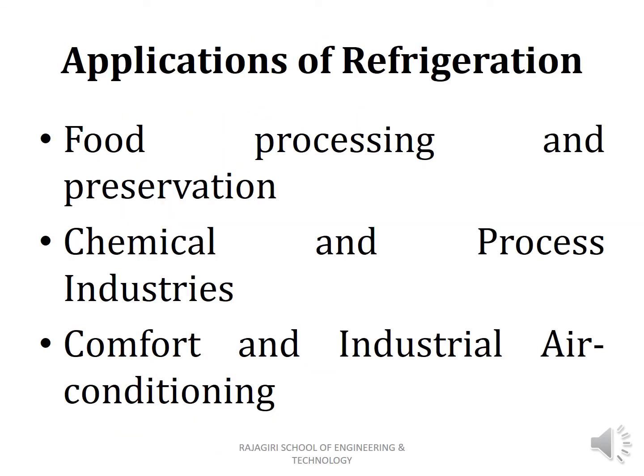Some of the major applications of refrigeration are food processing and preservation, chemical and process industries, and also comfort and industrial air conditioning. All these are the major applications of refrigeration.